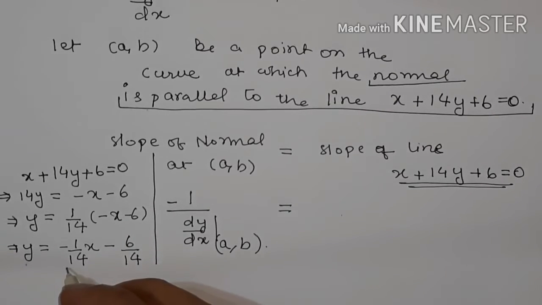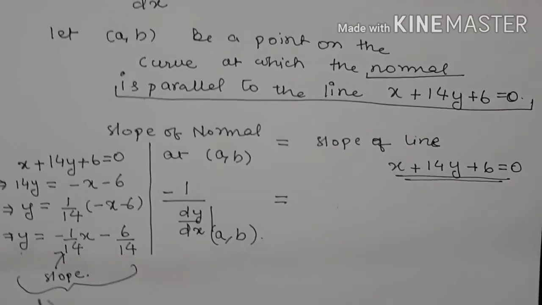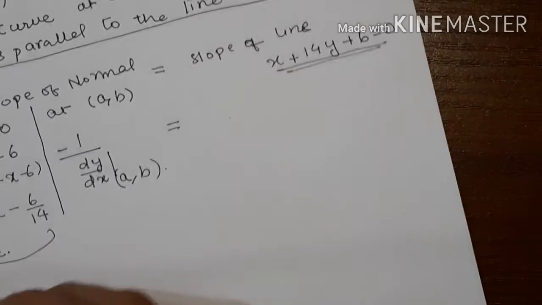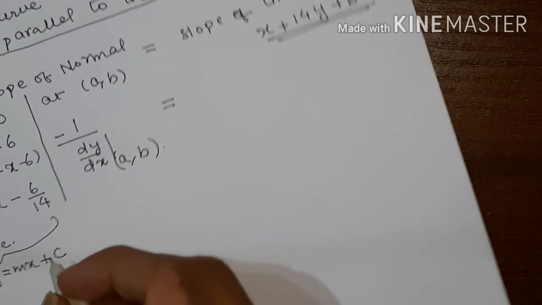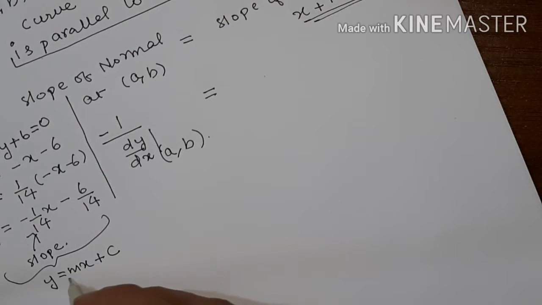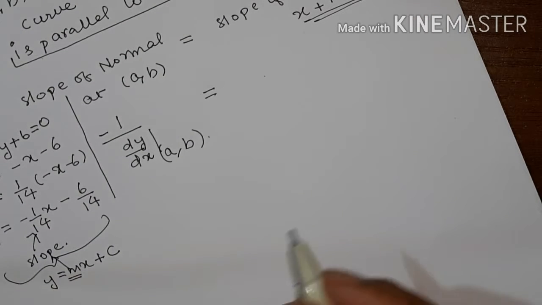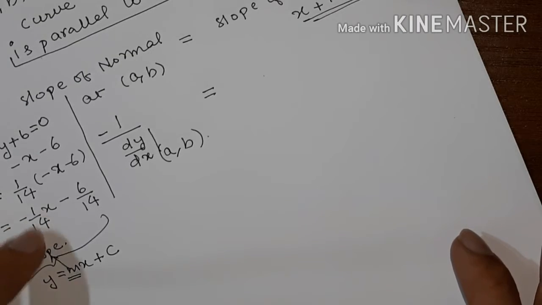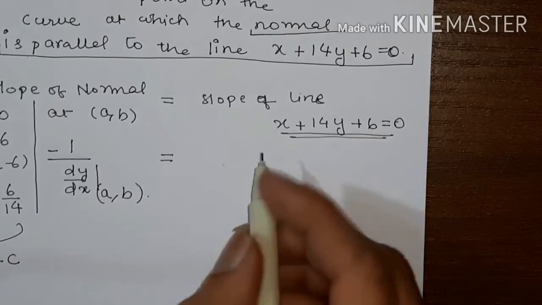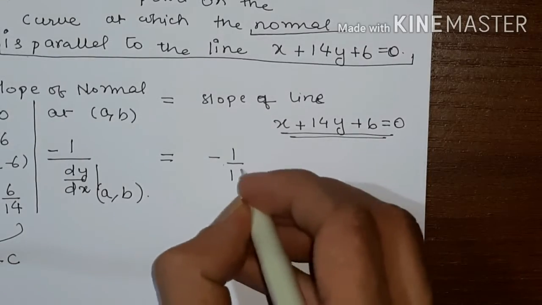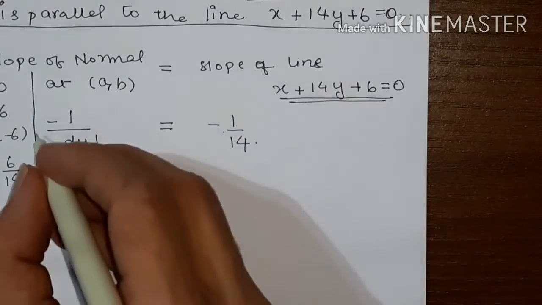You can see that this is the slope, because this equation is of the type y equal to mx plus c, where m is the slope. So this minus 1 by 14 will be the slope of this line.